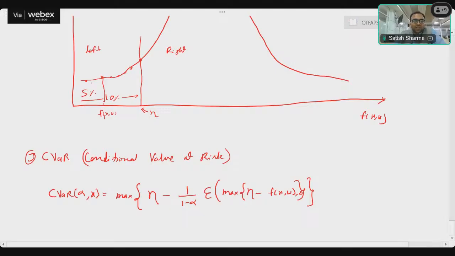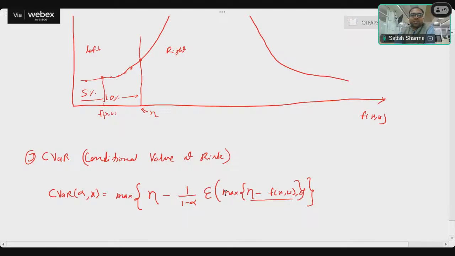So if fx is less than this eta value, then this first term will be positive, and it will be more than 0, so that value will be added. Okay, so we will add them. So it's expectation we are calculating, so we will add all those values and multiply with the probability. If it is on the right side, then this first term will be negative, and we will get a 0 value on the right hand side.